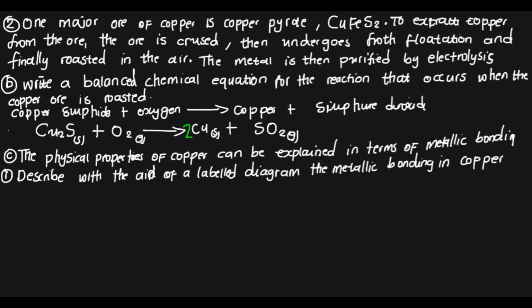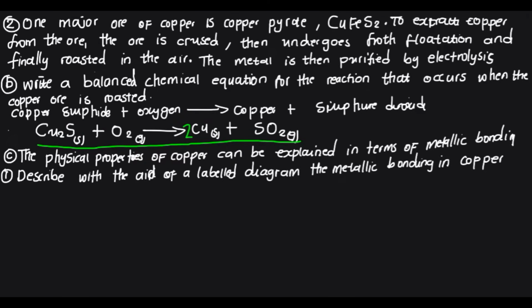Then we have 1 atom of sulfur, 1 atom of sulfur, so our equation is now balanced. So this is the equation for roasting of copper. The other importance of this stage is to remove sulfur from copper so that we can have a pure metal copper.